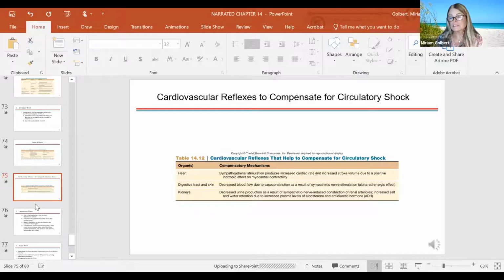So you see the digestive tract and skin have decreased blood flow, and you're going to have a decrease in urine output. The posterior pituitary is going to secrete ADH so that we can conserve as much blood as possible, because circulatory shock means you lost a lot of blood volume.